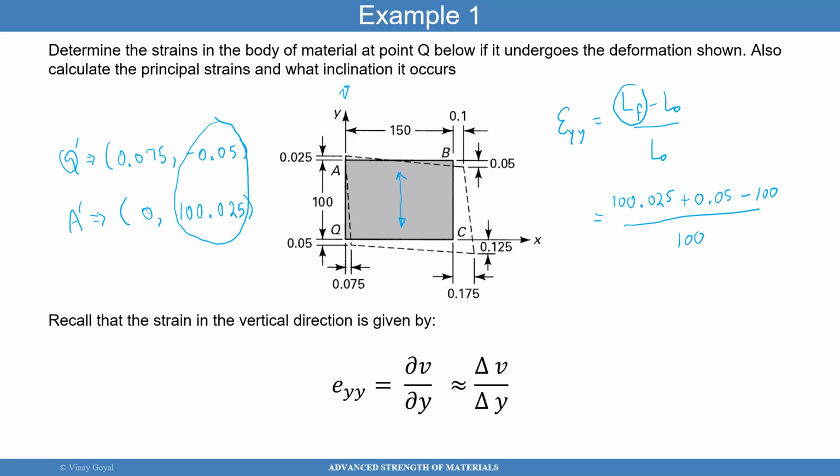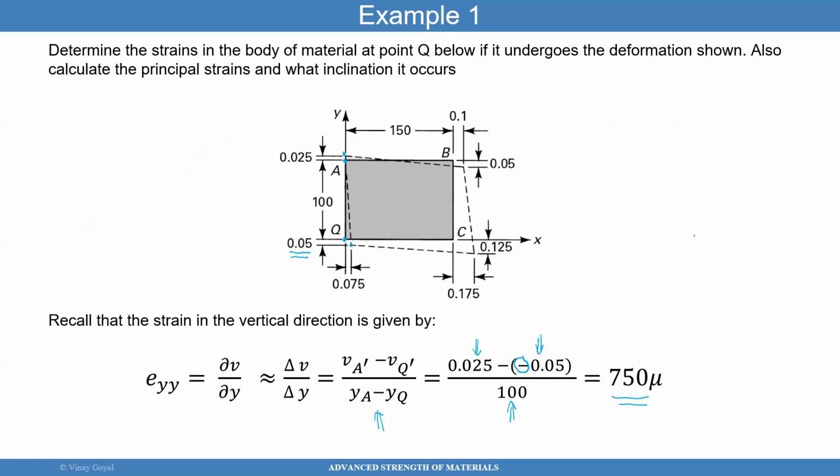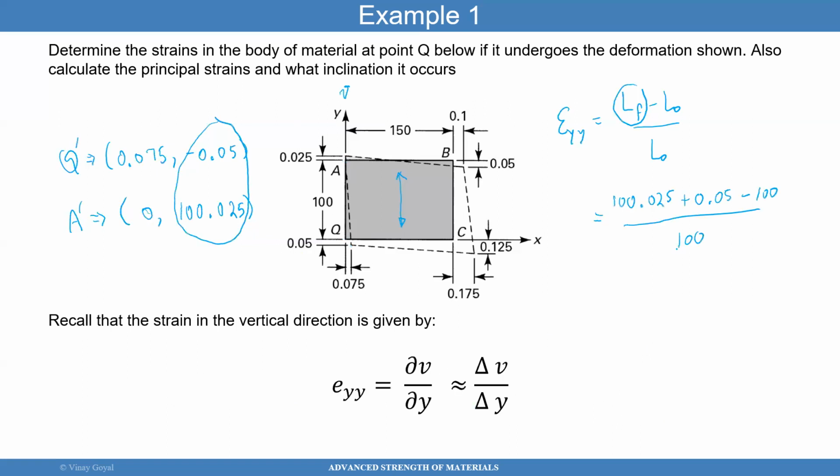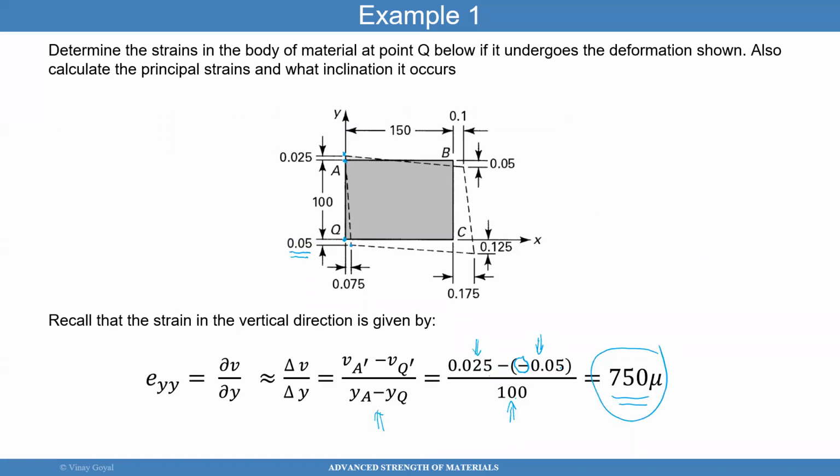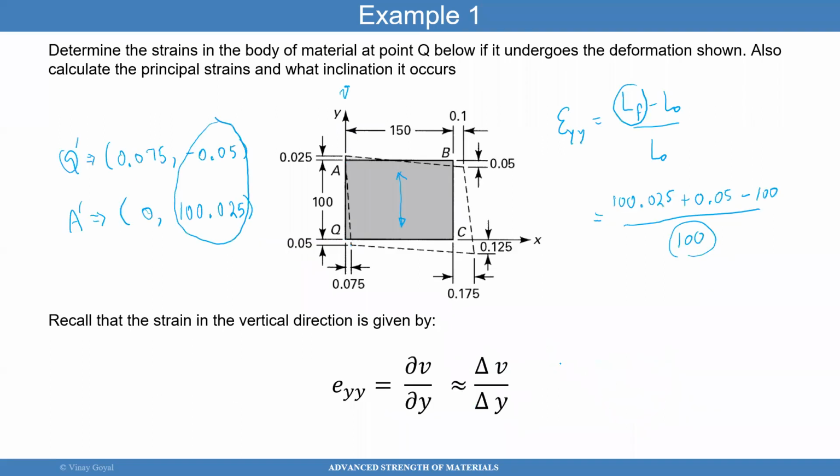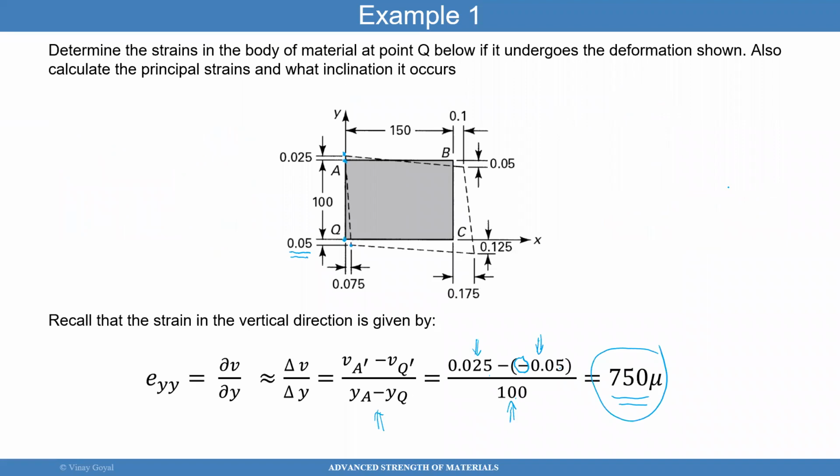And that's going to give me the same answer as what I got here. You can see that. That 100 is this 100. This 0.025 plus 0.05 is basically this, because this 100 cancels with this 100, and you get the addition of these two numbers, which is exactly the addition of these two numbers.